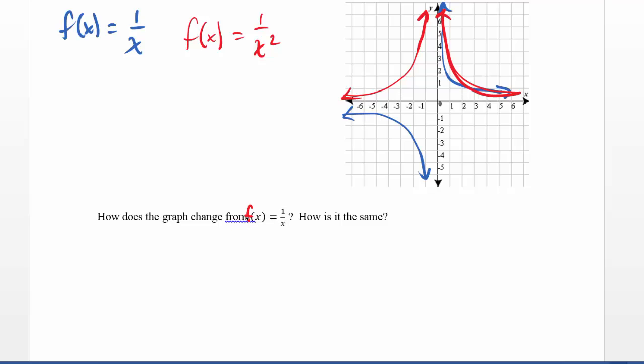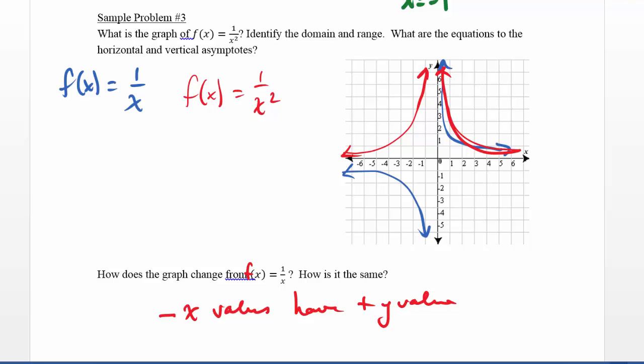Well, it's different because the negative x values now have positive y values, and so that would just be a good generic way to state that. It's kind of an interesting little graph, and you could also do that on your calculator as well. So, alright, that's a good quick look at some different types of graphing with reciprocal functions.